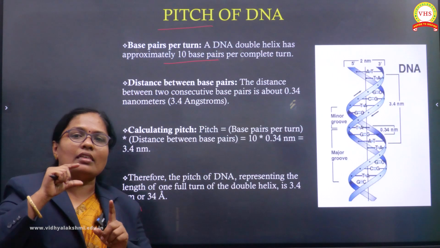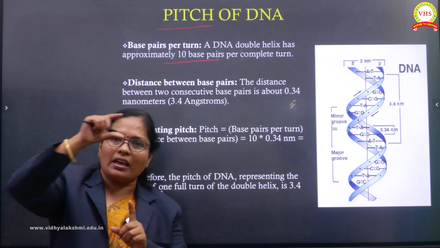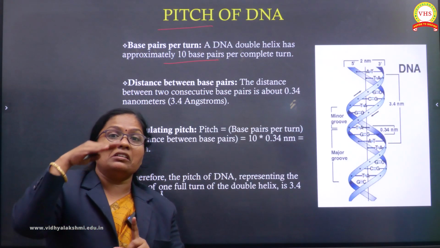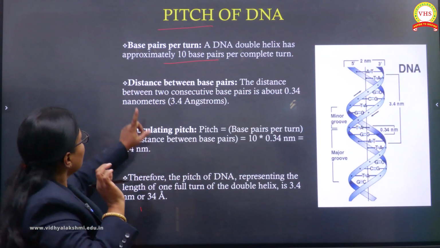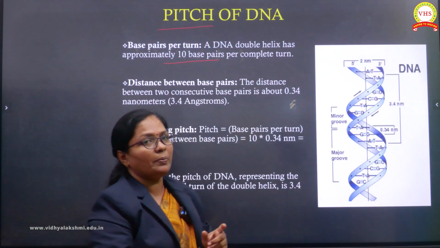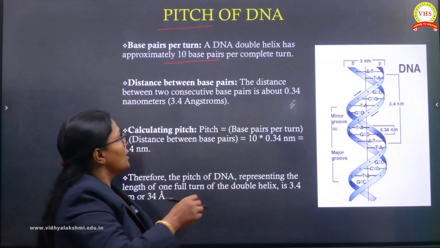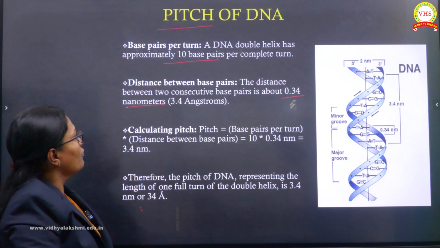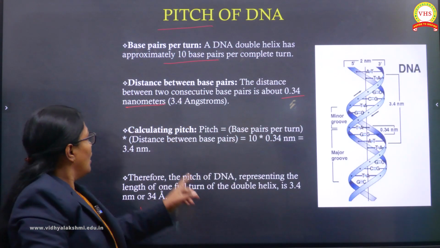Your adenine and thymine, that nitrogen base pairing, forms the steps, the rungs in the ladder, right? So there will be 10 steps in it. Now, the distance from one base pair to another base pair will be 0.34 nanometer or 3.4 angstroms.